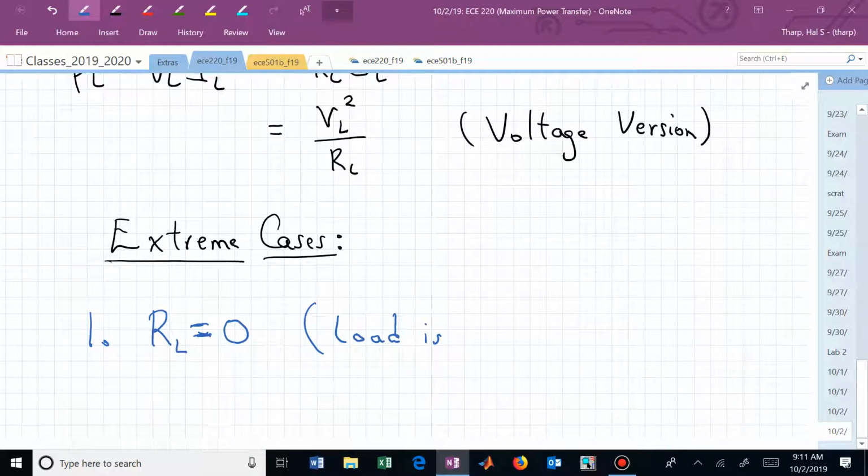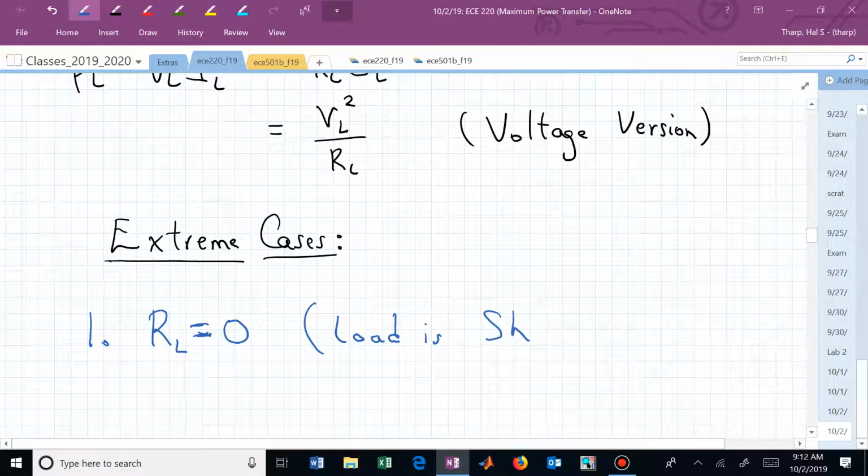What are we doing with the load when we set it equal to 0? What have you done now with R sub L? What does it look like? It's a wire, it's shorted. So the load now is shorted.